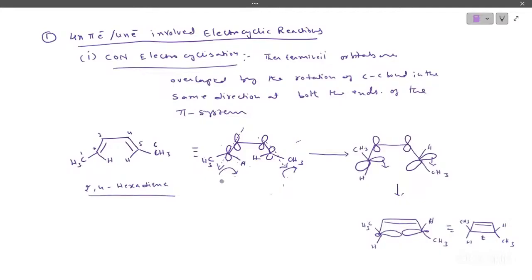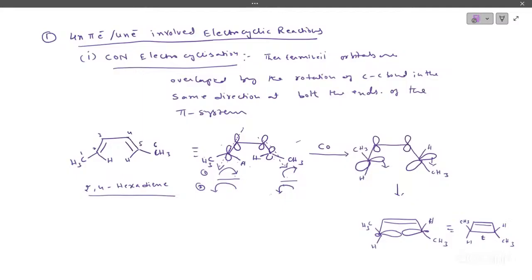When the rotation at both ends is clockwise, this is the first kind of pattern. Now we are coming to the second kind, that is, at both ends, it is undergoing anti-clockwise rotation.